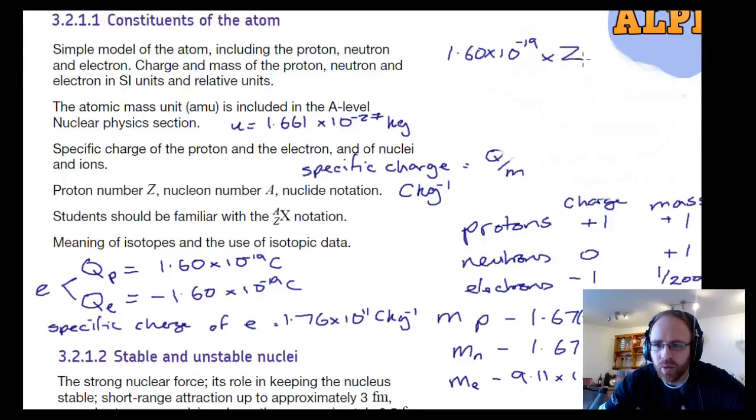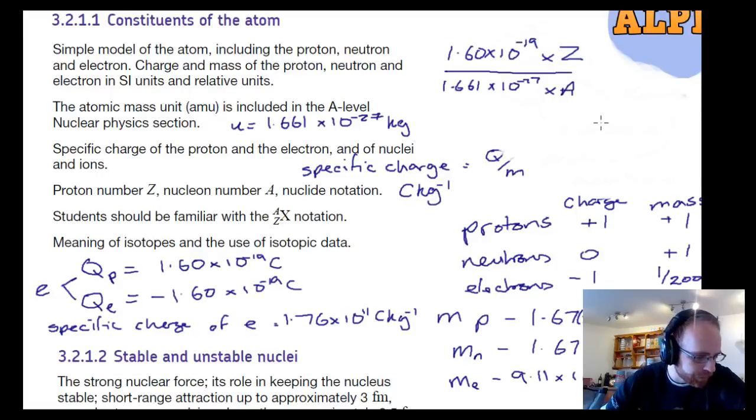Now the number of protons is called Z. And then underneath that, for the mass, we'd have 1.661 times 10 to the power minus 27 multiplied by A, and that's the mass number. So we've got Z, which is our proton number, and A, which is our mass number. So we've got the magnitude of the charge of each of the protons multiplied together, and then divide all of that. We can put brackets around the mass.